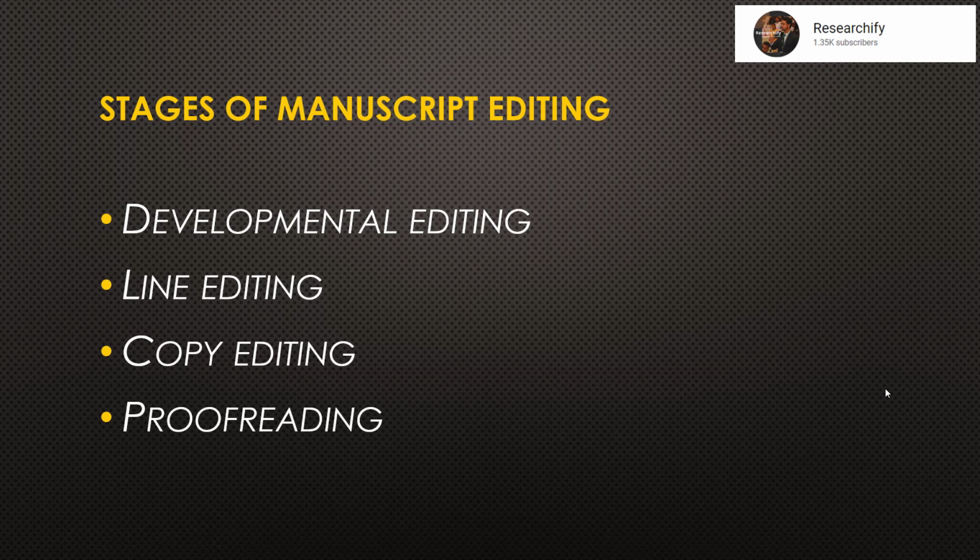So let us understand the difference between development editing, line editing, copy editing, and proofreading. The first stage when you start editing a manuscript is development editing. You can also call it substantive editing.